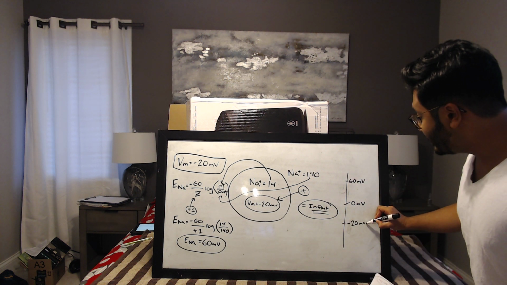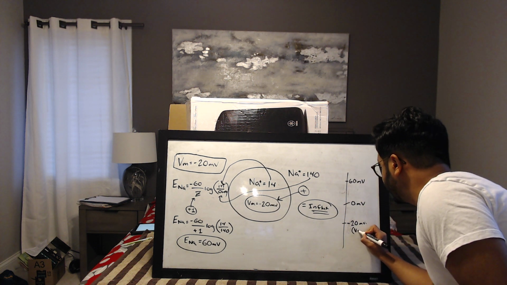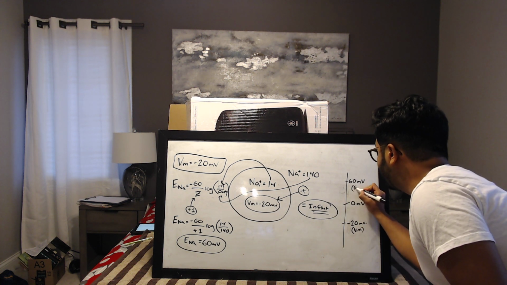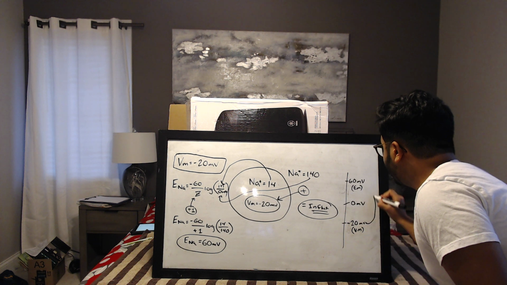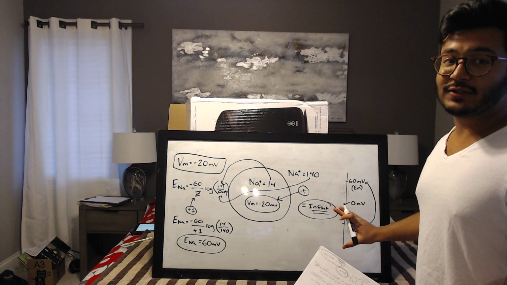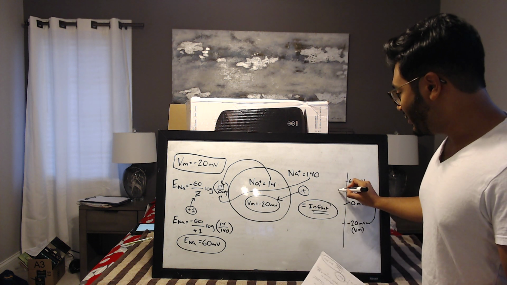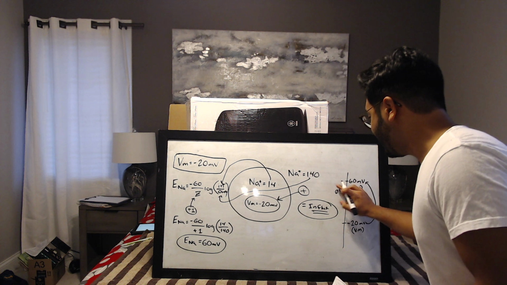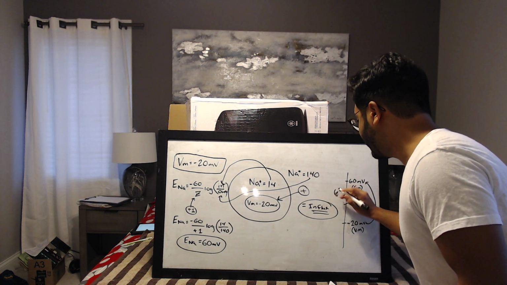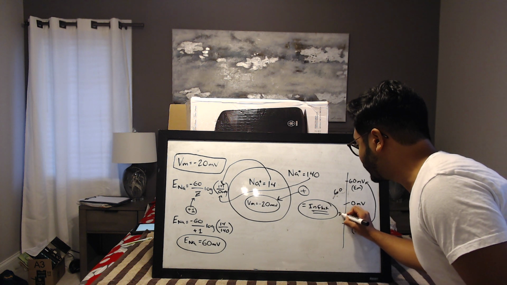So basically, when you take your VM to the EM, all you have to do to calculate the values is look at the raw difference between the two. So from here to here, you're going to have 60. And from here to here, you're going to have 20.